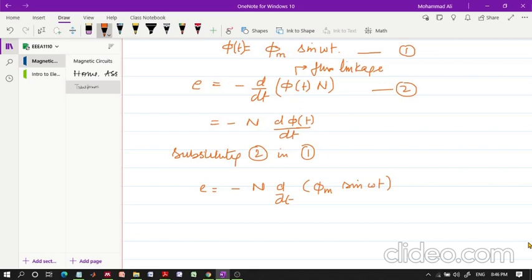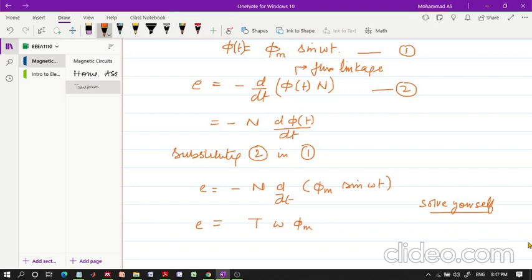Now what will happen if you just write this equation and solve it? Do it yourself, because this is mathematics, and this much mathematics you must know. The EMF will be given as n omega phi m, because if we differentiate, this phi m is a constant term, so it will come outside.